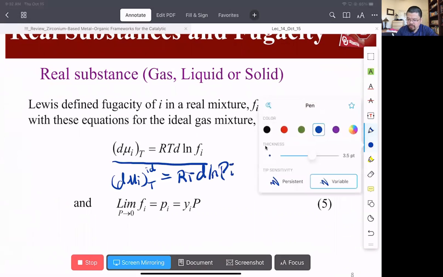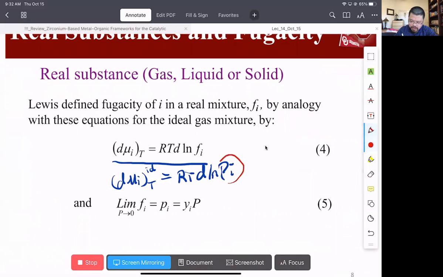So we just replace this partial pressure that is for the ideal gas, now we have the real gas, just replace this by Fi, and we define this as the fugacity. So fugacity was not really derived by any math equation, but we try to compare the ideal gas with respect to the real gas, and we have a new quantity called fugacity.